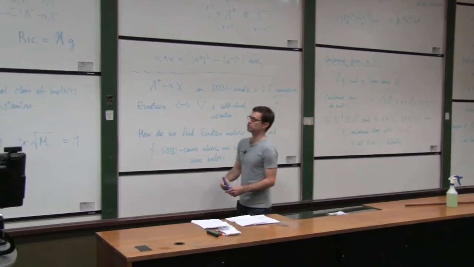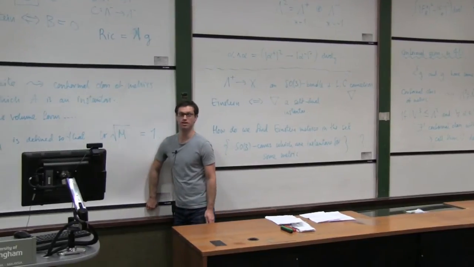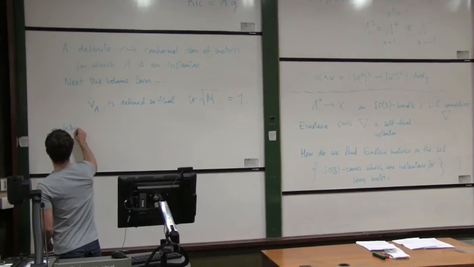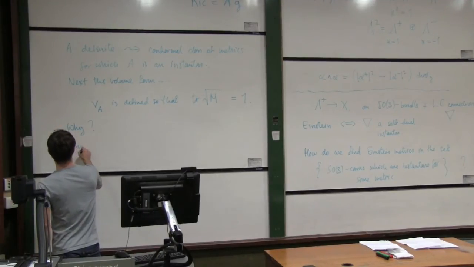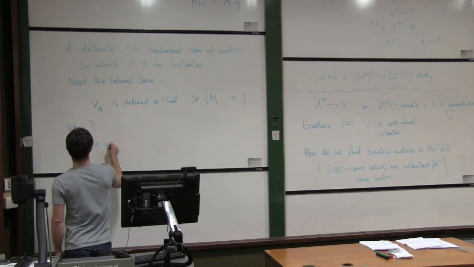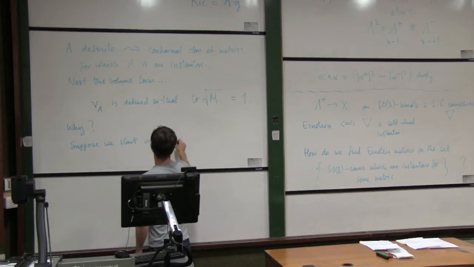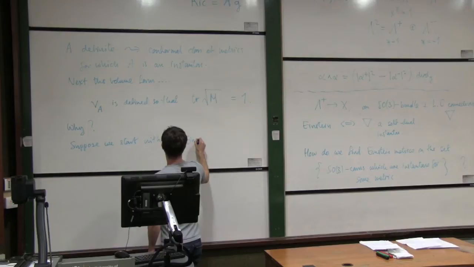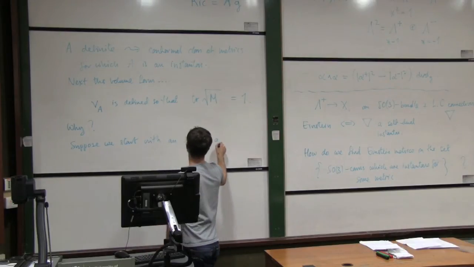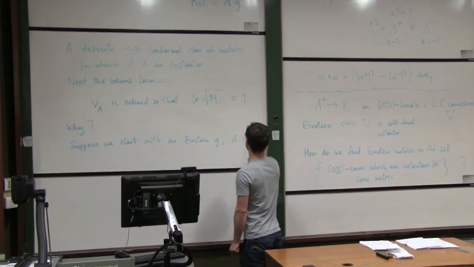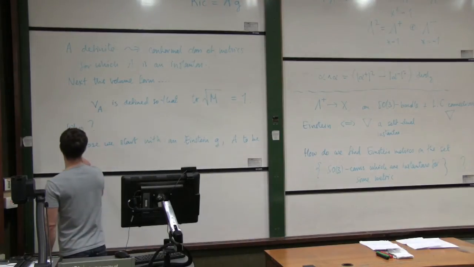So let's just suppose that we'd started with an Einstein metric, and we take A to be the Levi-Civita connection on lambda plus.